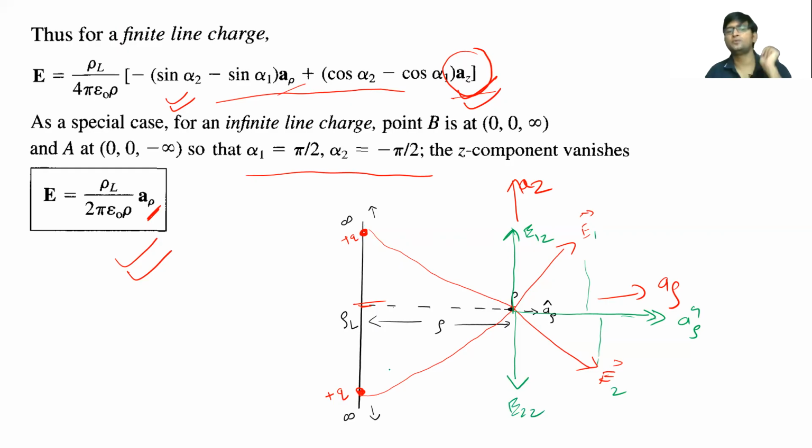Since both these points are symmetric across the central line, both these angles will also be the same. So what will be the magnitude of E1z and E2z? It will be the same. But since the directions are opposite, both these components are going to cancel each other out. So what you essentially get is only the electric field in the direction of rho, right?